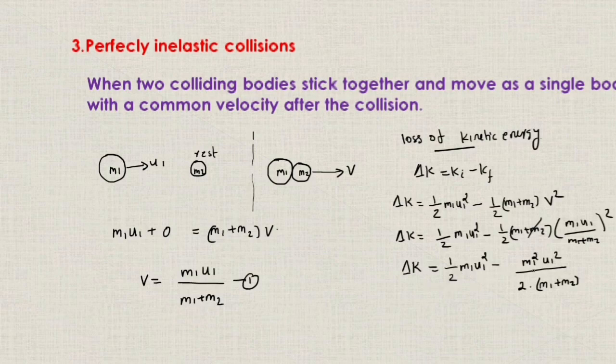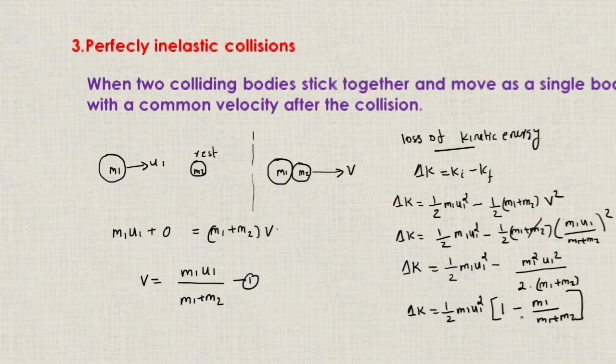Okay, once again, if you take the common thing outside, you can say delta K is equal to half m1 u1 square, which is common. If you take it as common, you can write it as 1 minus m1 divided by m1 plus m2.